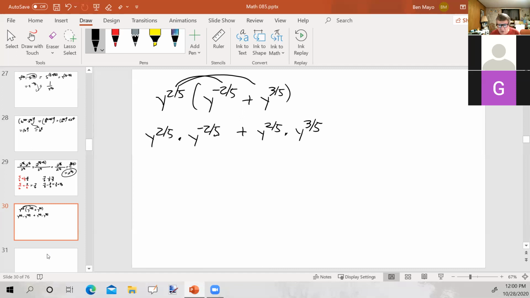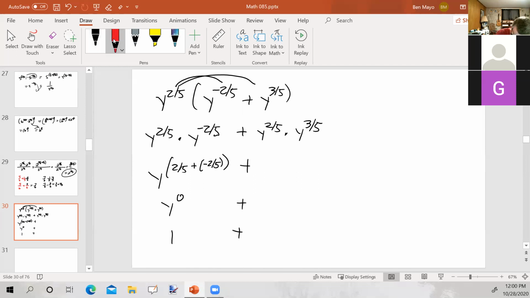Multiplying two powers with the same base, you add the exponents. So this is y to the 2/5 plus negative 2/5, which would be y to the 0 power, which is 1. This would be y to the 2/5 plus 3/5, which is y to the 5/5, which is y to the 1.